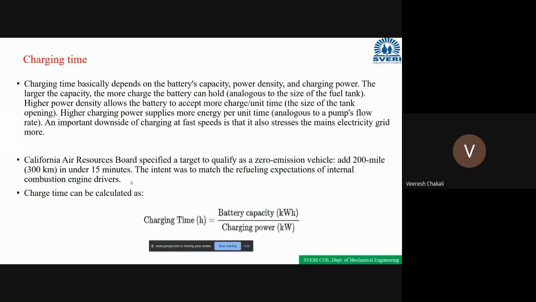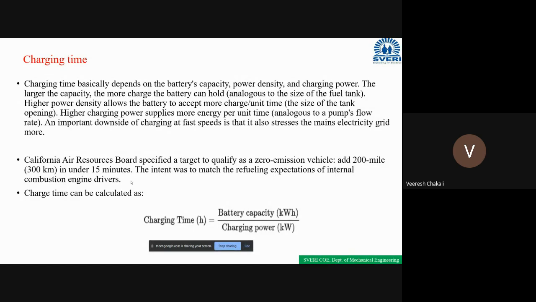Charging time can generally be defined as the ratio between the battery capacity in kilowatt hour and the charging power in kilowatt. It depends upon the battery capacity, power density, and charging power. The larger the capacity, the more charge the battery can hold, analogous to the size of the fuel tank.